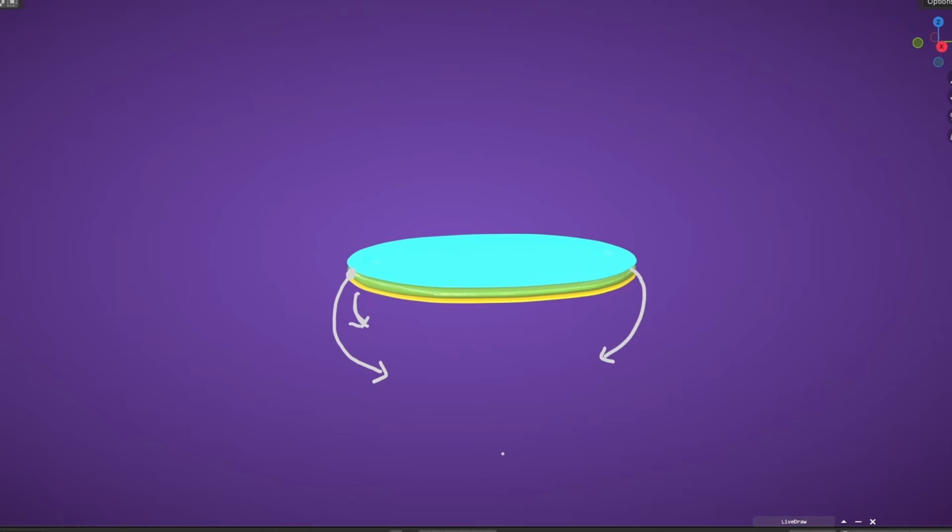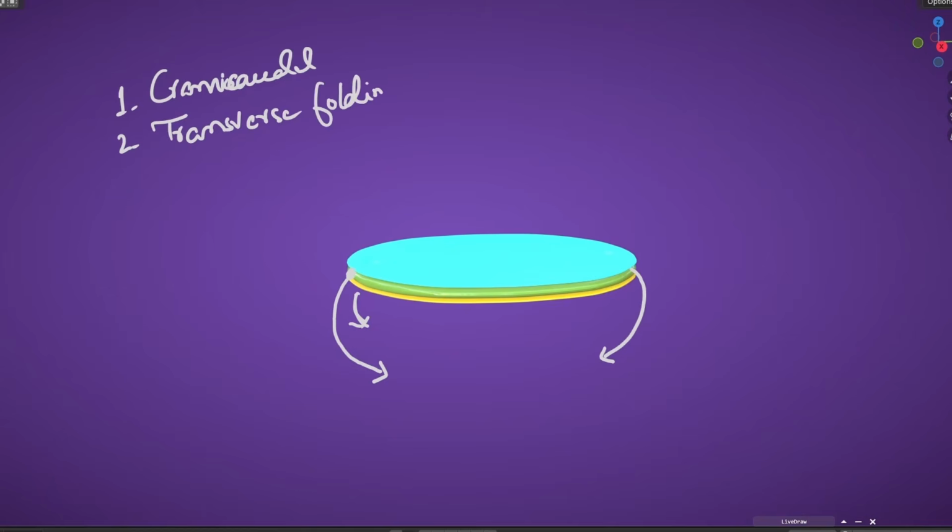So craniocaudal folding. And then the other folding is the transverse folding. It is also called lateral folding, transverse folding or lateral folding.